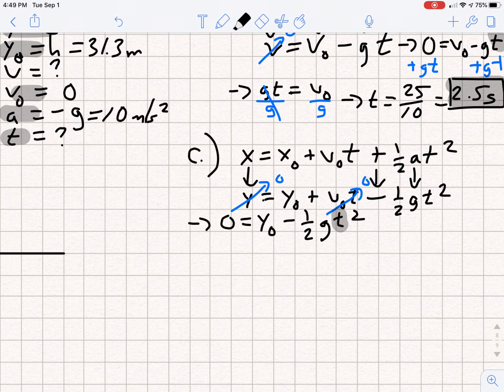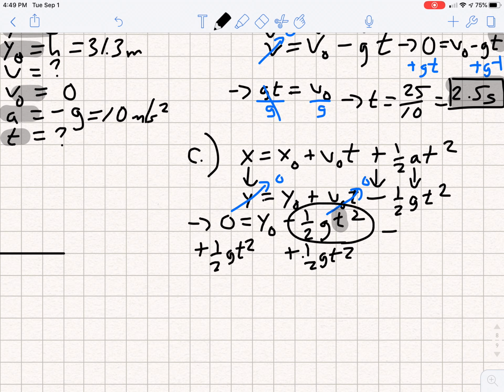So here's what I'm thinking we can do. Let's take this whole term and add 1/2 g t squared over to the left-hand side. And if we rewrite this, we get 1/2 g t squared equals y naught.